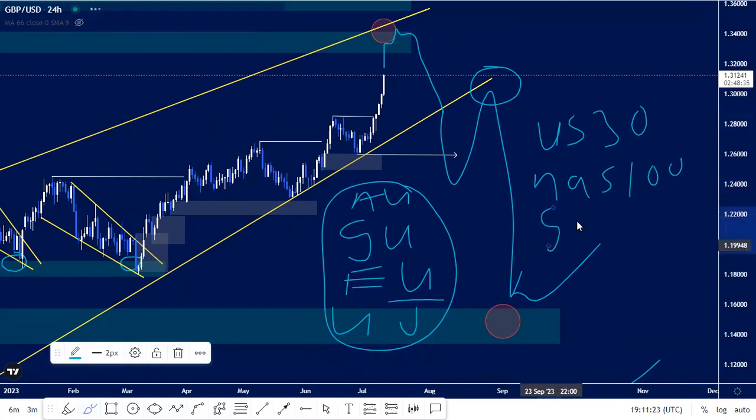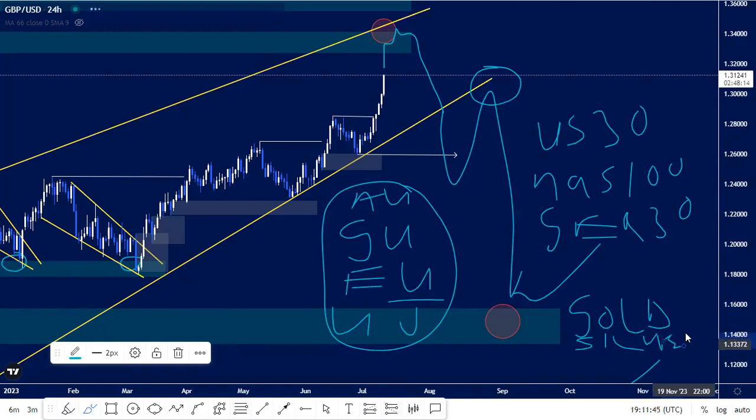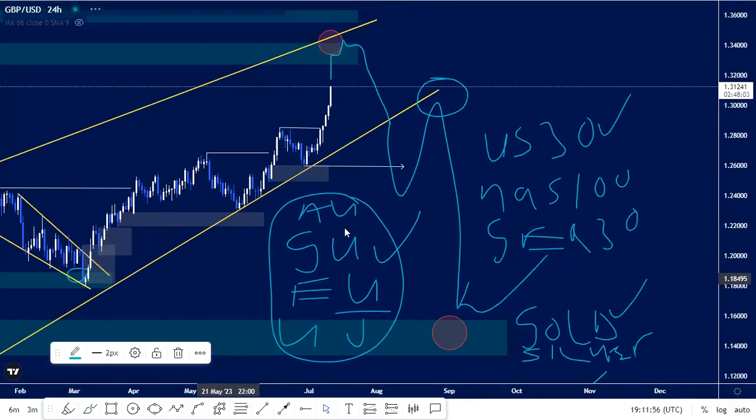Then maybe for the third one, you can include gold, which is a commodity, because under commodities we have gold, silver, and platinum. Pick one here. Like me, I have GU, I have US 30, and I have gold. Those are the only three pairs that I trade.